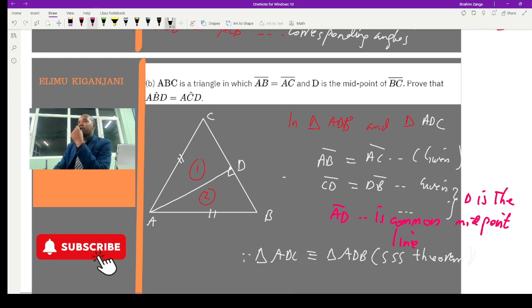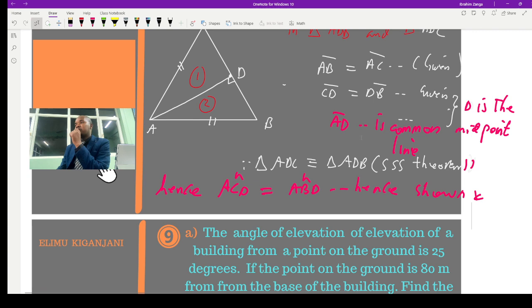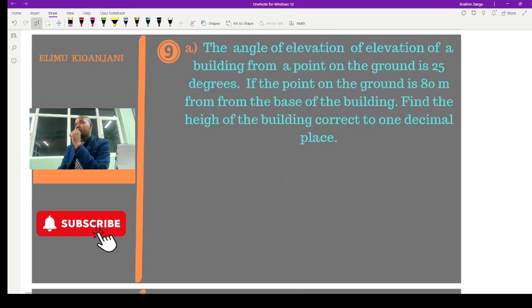So with this theorem, we can easily conclude that the corresponding angles, hence corresponding angle ACD is equal to ABD, hence shown. So we have already shown how these two angles are equal.